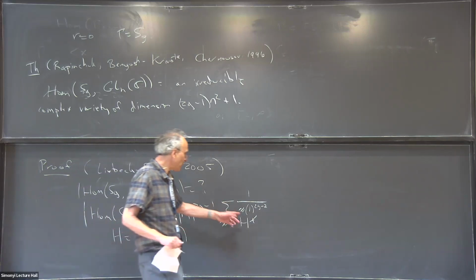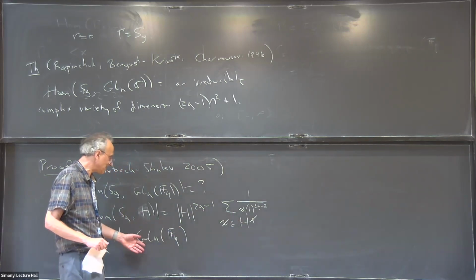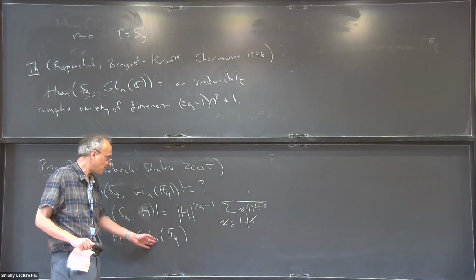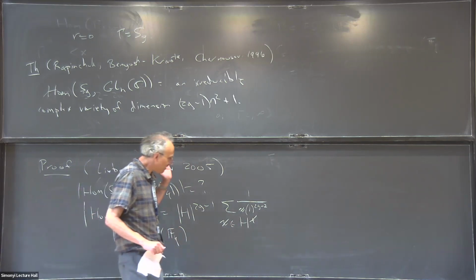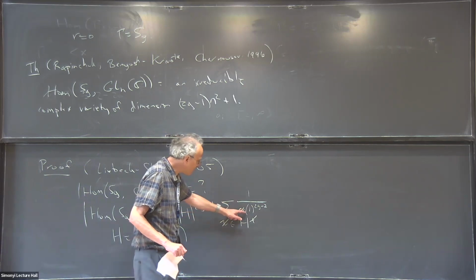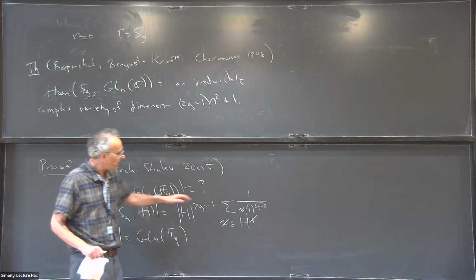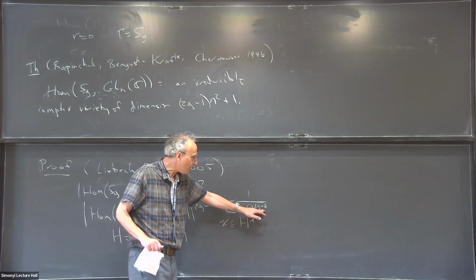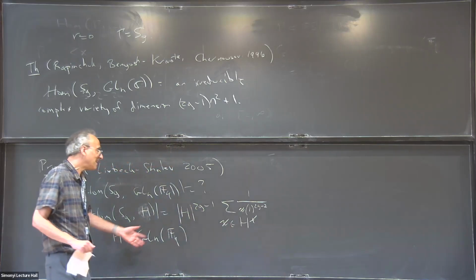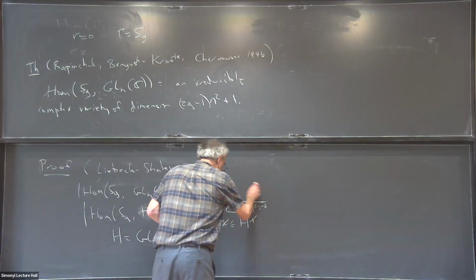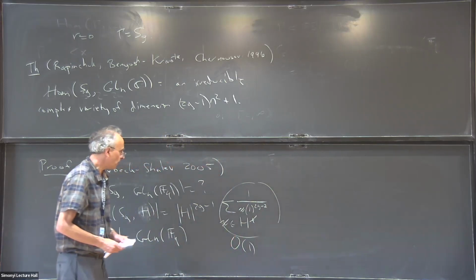And if you think about the total number of characters, that's the number of conjugacy classes, which is more or less the same as the number of characteristic polynomials, which is Q to the n. So if you have something with size Q to the n minus 1, and you're putting at least the 2 power in the denominator, and the number of these things is Q to the n, this whole thing over here is going to be, in the case that we're interested in, O of 1, and usually little o of 1.